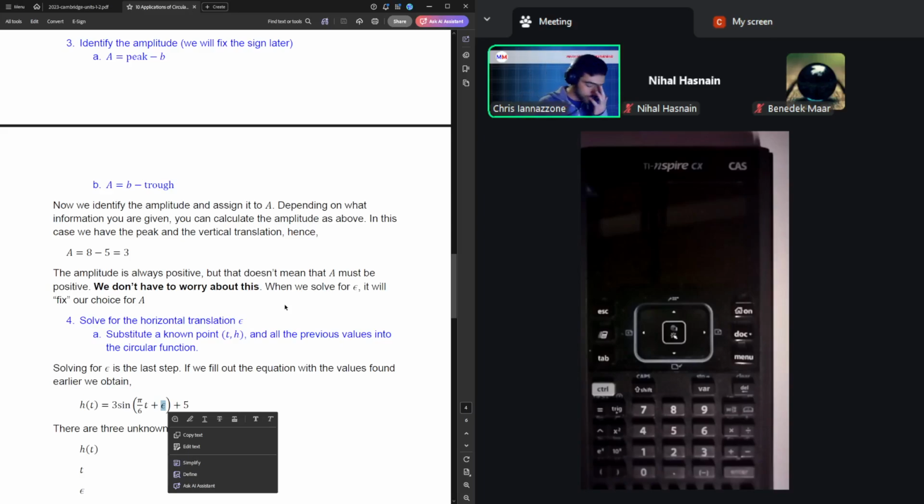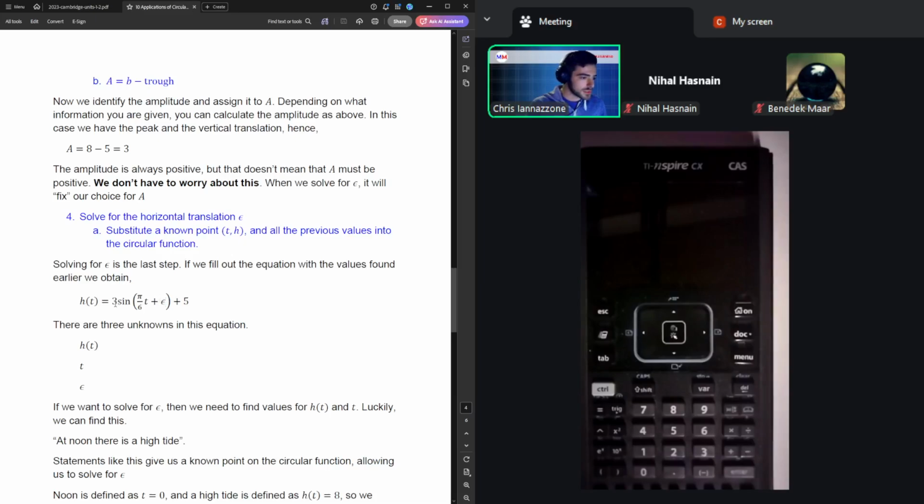So unless they tell you at the start of the question what it has to be, or there's some further information that would make it clear that it has to be positive, you have a lot of freedom here. So we're just going to pick positive because positives are usually easier to work with.